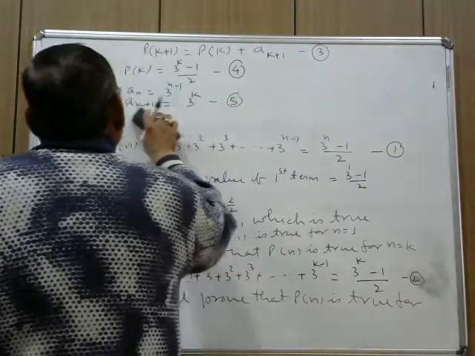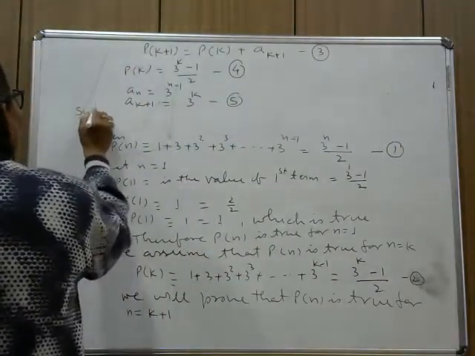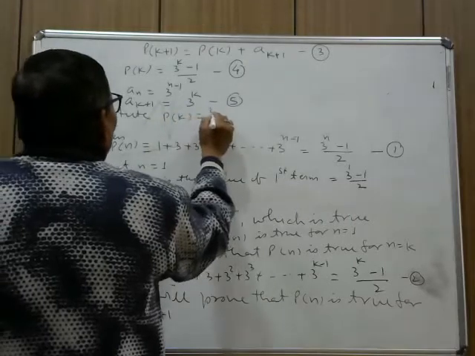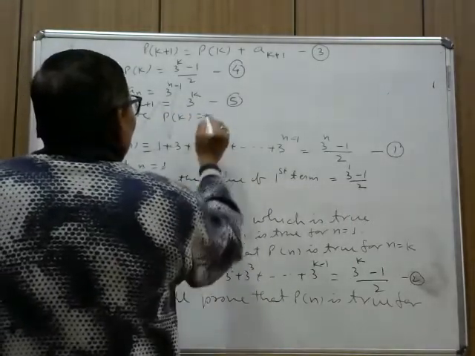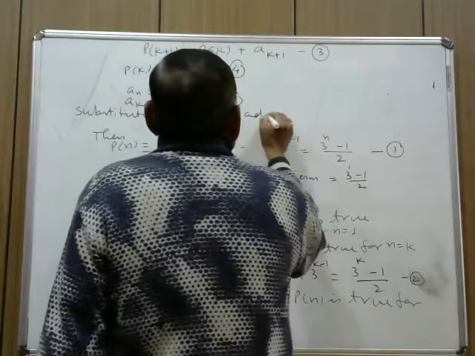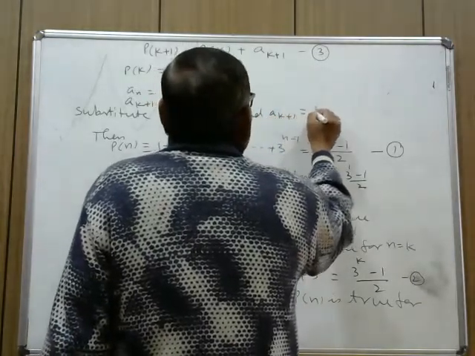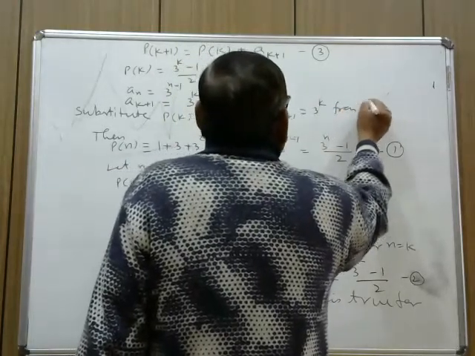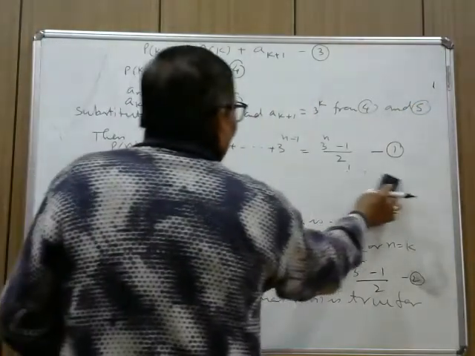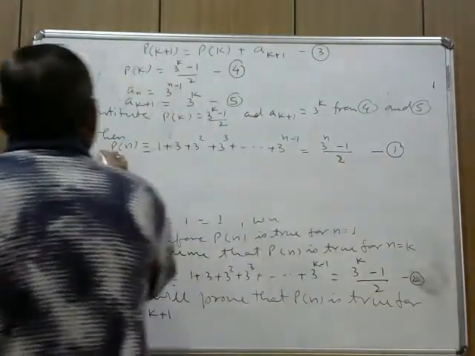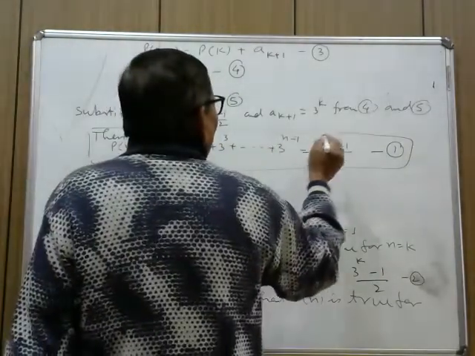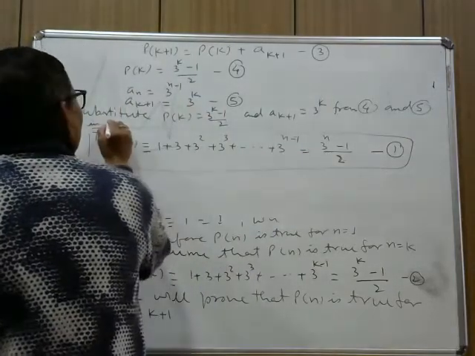Now substitute Pk equal to 3 to the power k minus 1 by 2 and a k plus 1 equal to 3 to the power k, from 4 and 5, in 3.